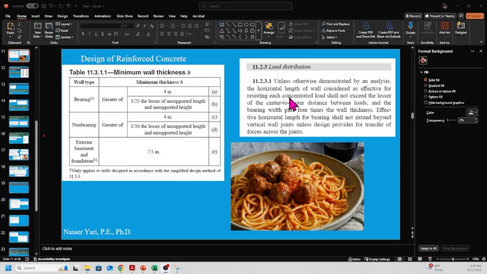Right here it says, unless otherwise demonstrated by analysis, the horizontal length of wall considered effective for resisting each concentrated load shall not exceed the lesser of two: the center-to-center distance between the loads, basically the tributary width, or the bearing width plus 4 times the wall thickness. So either this one or that one.